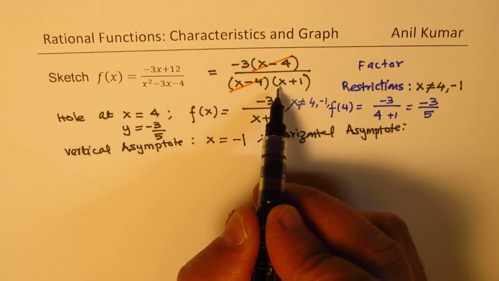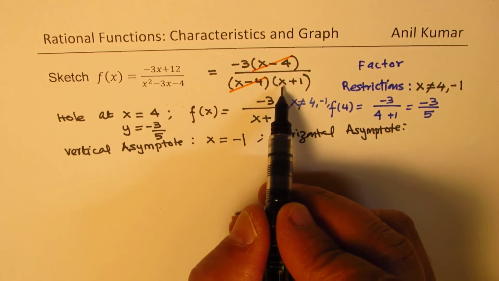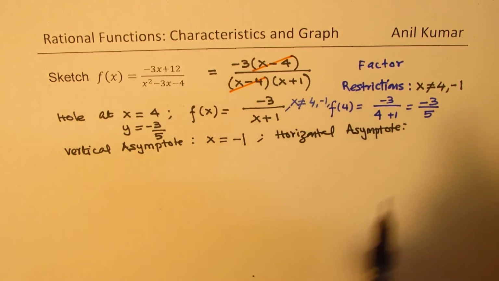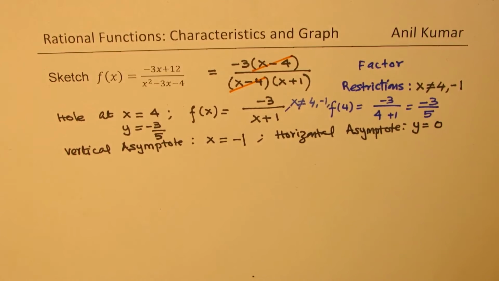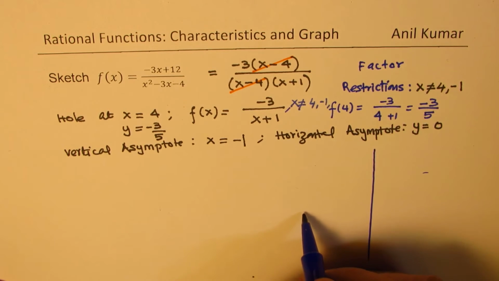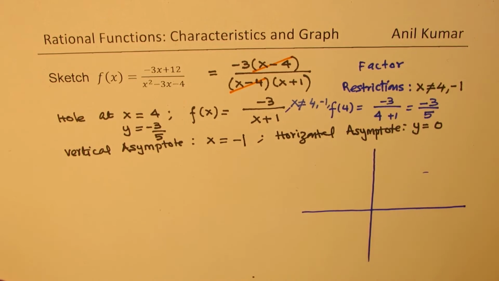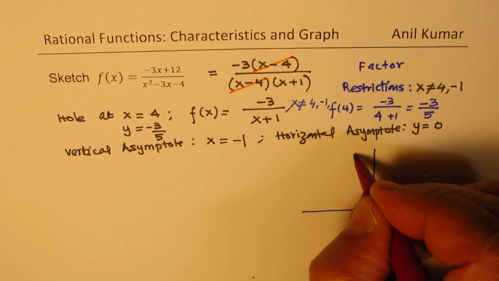Since we have minus 3 over x plus 1, the denominator is very high. When x is very high, it leads to 0. So the horizontal asymptote is y equals 0. Correct? So we have the basic structure for the rational function. Now I'll sketch this here. We have a vertical asymptote at x equals minus 1. So let me draw this here.